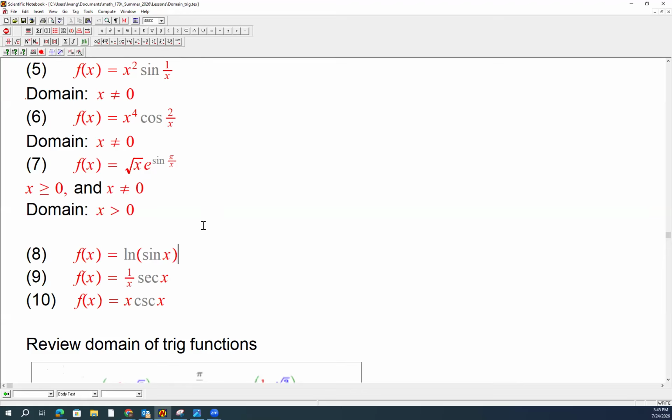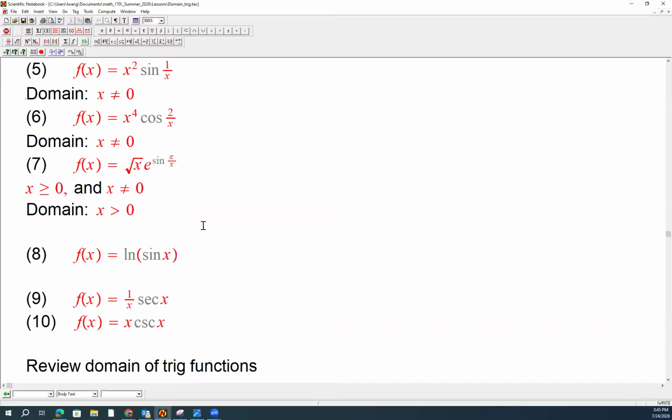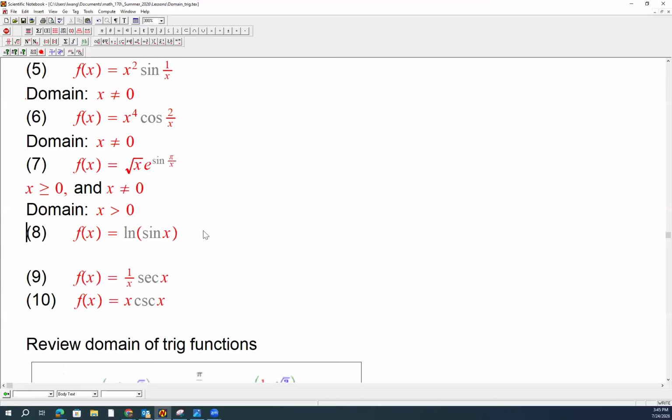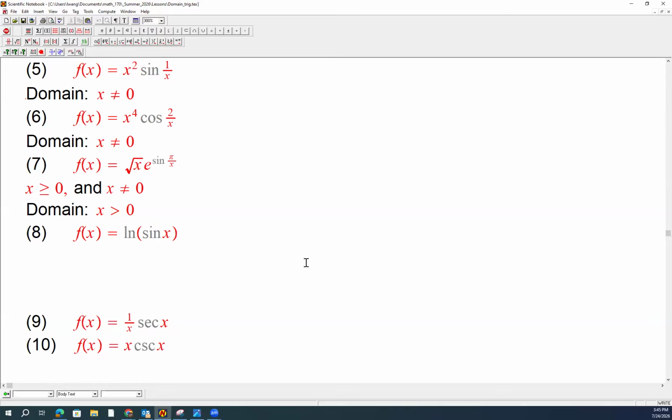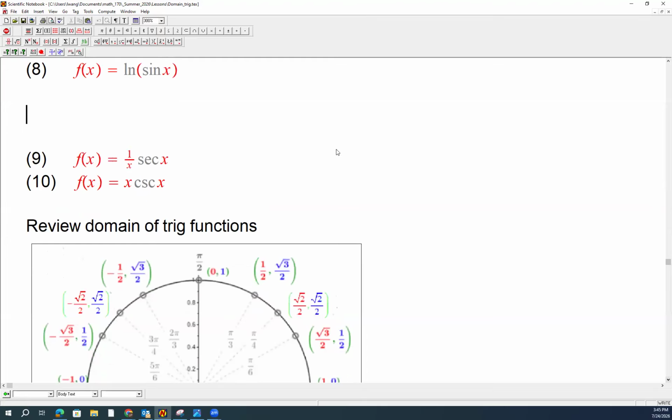Now, number 8 is an interesting one because this is a composition of two functions. It's a composite of the ln function and the sine function. So the sine function must be positive.